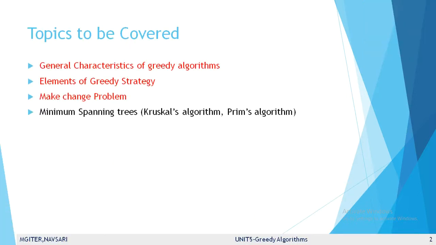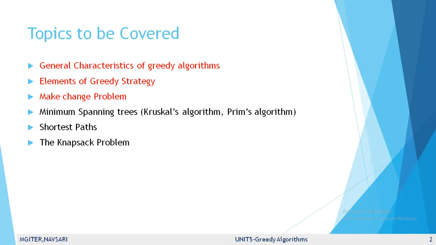These are the topics covered in greedy algorithms. What is the characteristic of greedy algorithms? What are the elements of the greedy strategy? The problems solved using greedy methods are the making change problem and the minimum spanning tree of a given graph, which we solve using Kruskal's algorithm and Prim's algorithm.